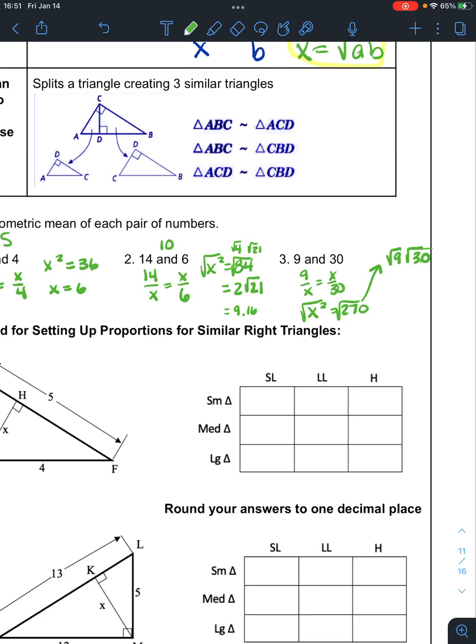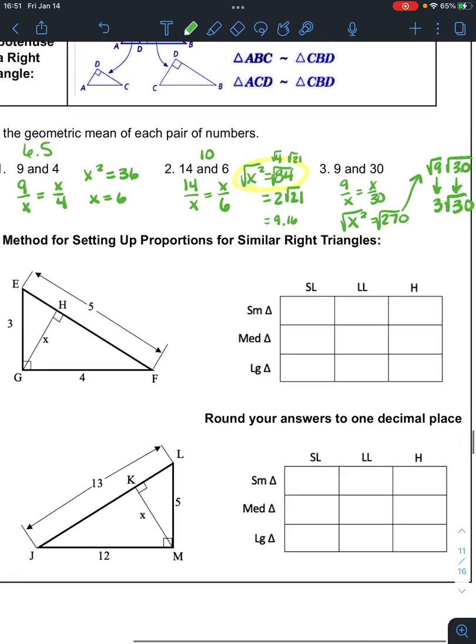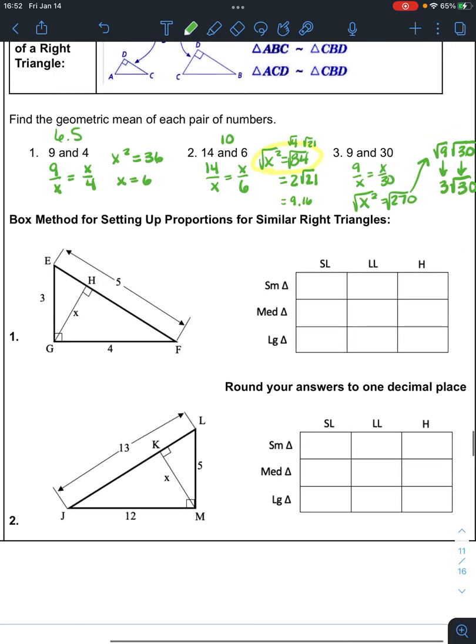There's no perfect square in 30, right? 1, 4, 9, 16, 25, 36. None of those divide evenly into 30, so the square root of 9 is 3. And the square root of 30 we're going to leave alone. Like I said, the most important part of understanding a geometric mean is knowing how to solve that piece with an X squared.